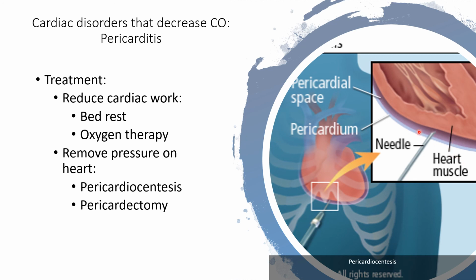This is the parietal layer. I'm sorry. And so if we remove that portion of the pericardial sac, now function can actually be improved, but it probably won't be returned to the original level just because you're missing that frictionless environment that the pericardial sac provides.